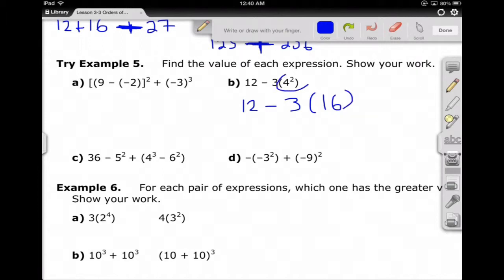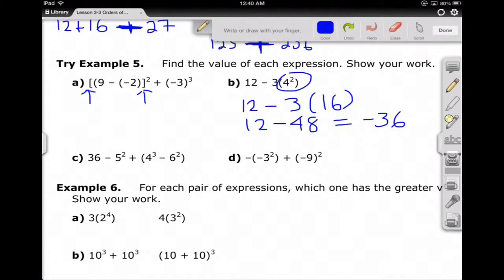I went after BEDMAS with that example, and it will be 12 less 48, which should be, last time I checked, negative 36. Here we have brackets within brackets. That doesn't really worry me.